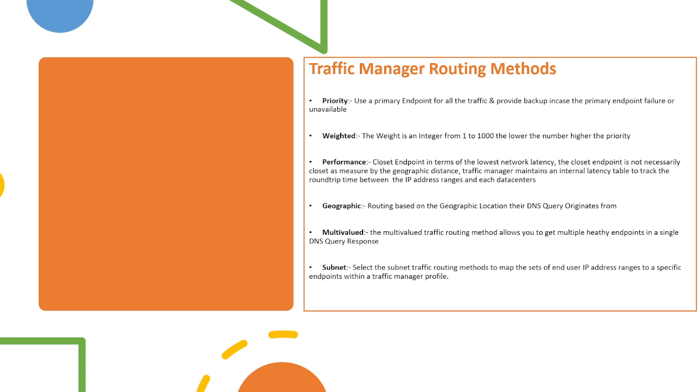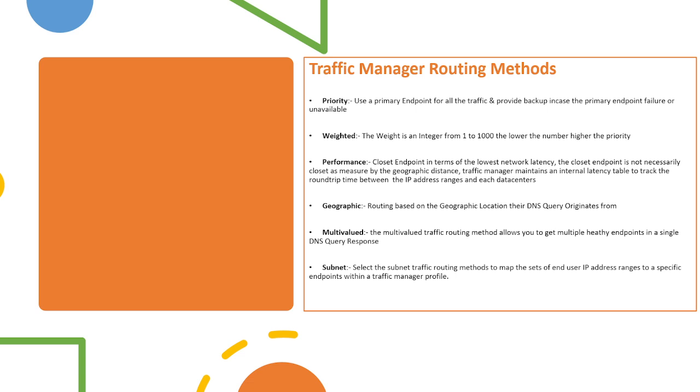The last one is subnet. When you select the subnet-based routing method, it will identify from which subnet range the application requests are coming. Say for example, if it is coming from the 192.168.0.0/16 network or subnet, then send to the Western European application servers.